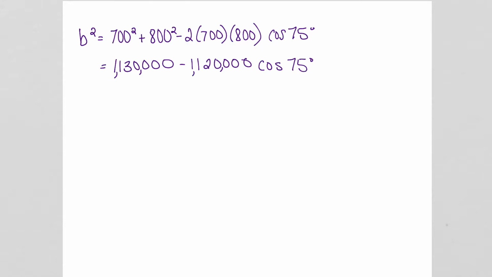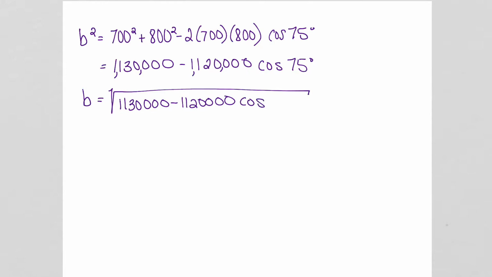I just said that B would be the square root of all this stuff. And I put that in my calculator. So I found 917 miles. These two airplanes, after 2 hours, will be 917 miles apart.